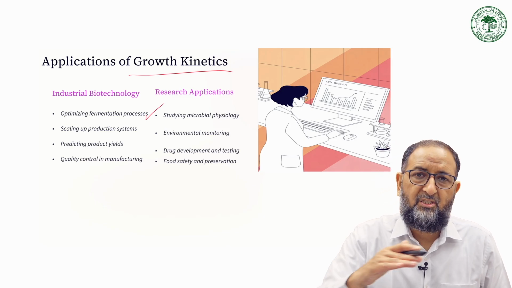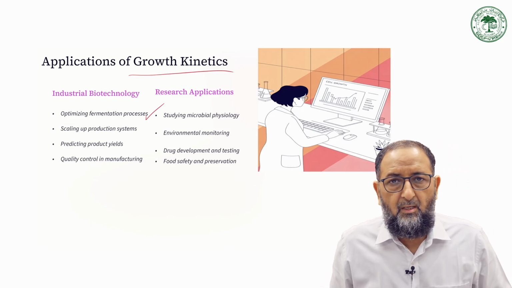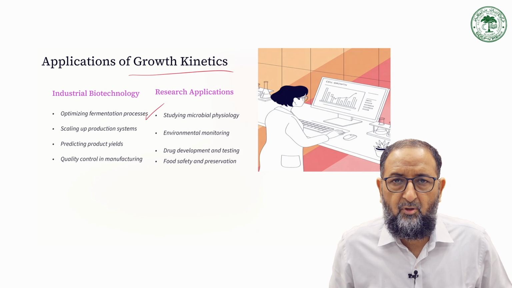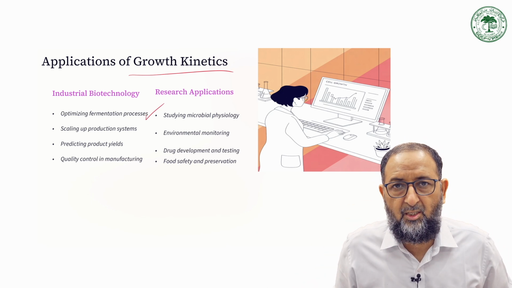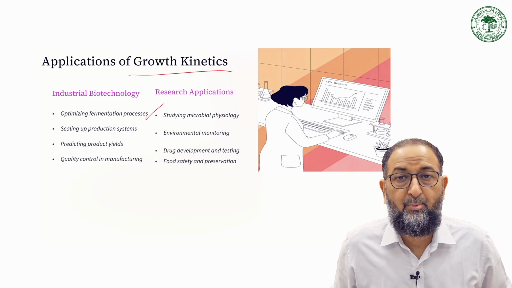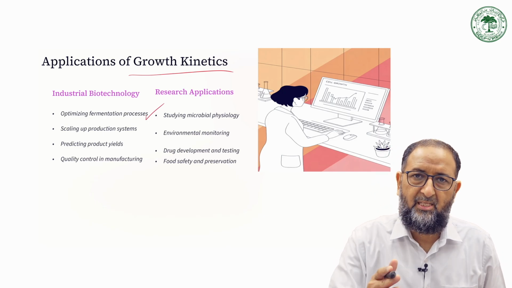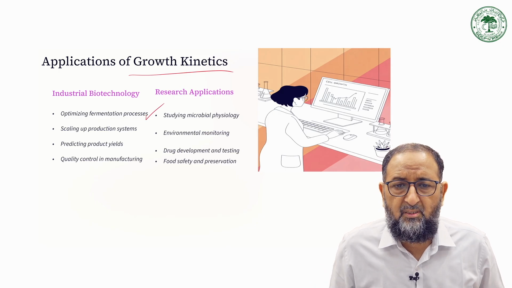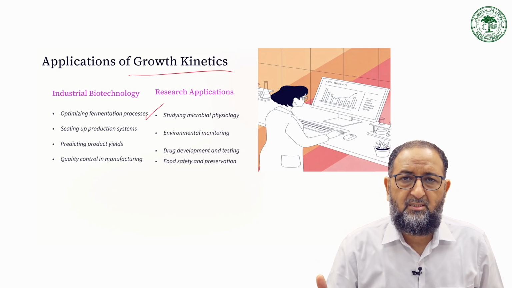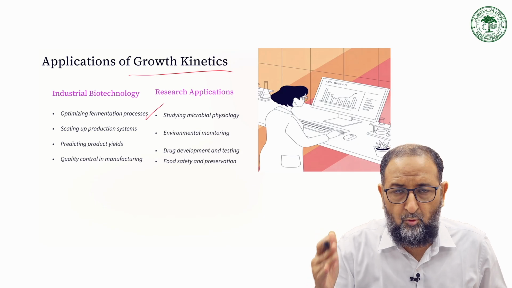But if you take, for example, Mycobacterium tuberculosis, or Mycobacterium leprae for leprosy, then the growth rate is much different from the Enterobacteriaceae family members like E. coli, Klebsiella, Pseudomonas. Now, for research purposes, you have to optimize the growth kinetics.